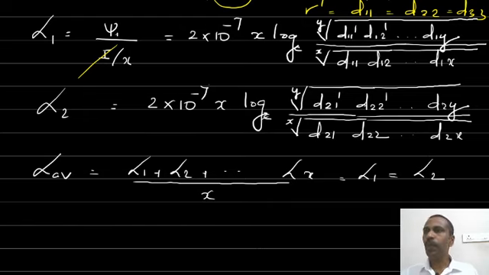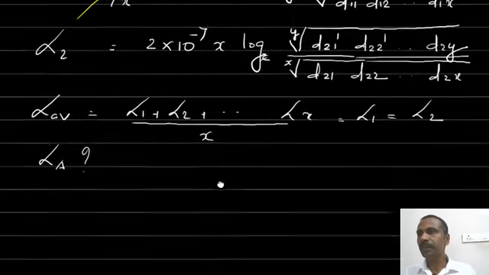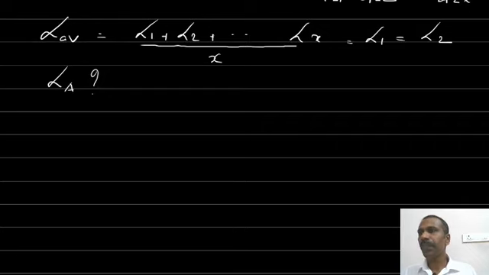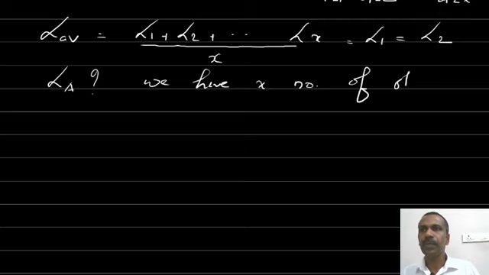Now what will be the total inductance of the conductor A? We have x number of strands in conductor A, which are electrically parallel.